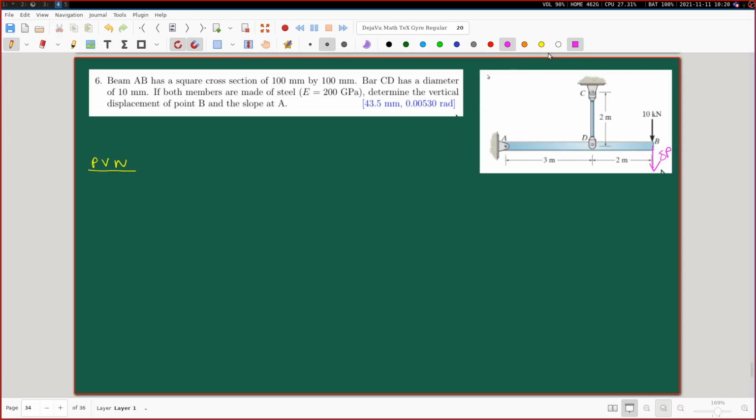Okay, so when you apply the delta P, remove the external loading, and apply delta P. Now this delta P will generate some internal forces, some internal reactions, whatever.